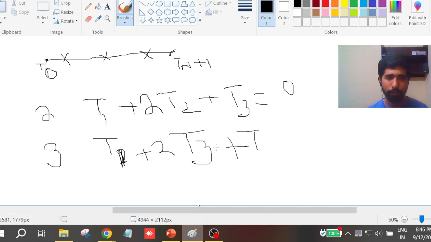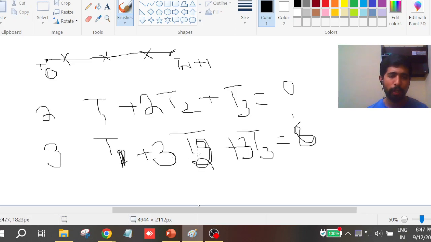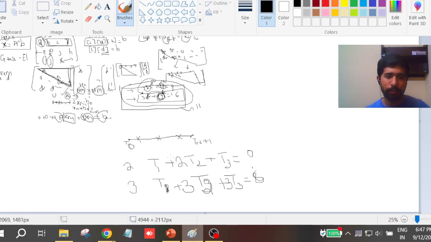So let us change the coefficients to 3 T3 is equal to, say, some value, something like 8. Now similarly I will have a third equation. Again, T1 plus 3 T3 plus 4 T2, sorry, this should be T2, is equal to 10.